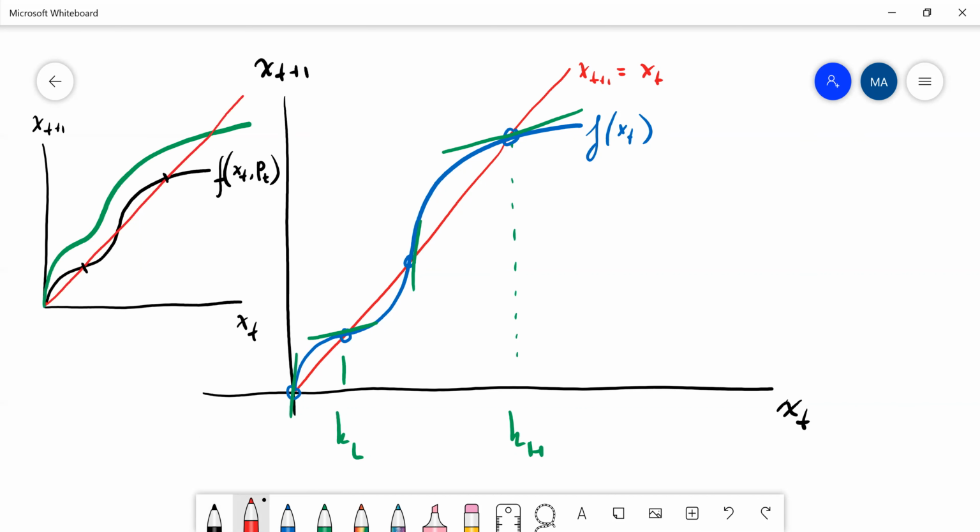So here F is F(x_t, P_t). Some variable P_t could be policy, a shock term, population, productivity, education quality, whatever variable you are interested in.